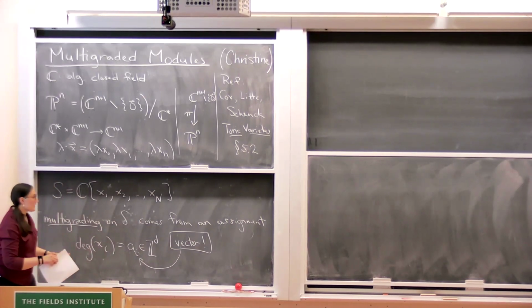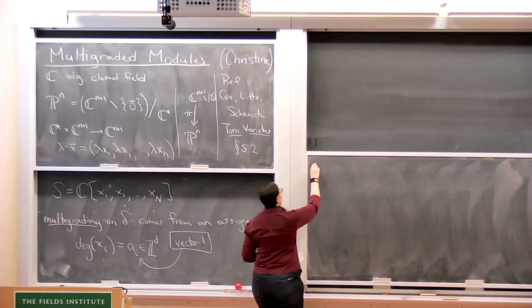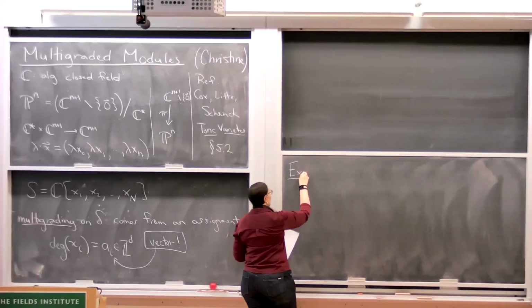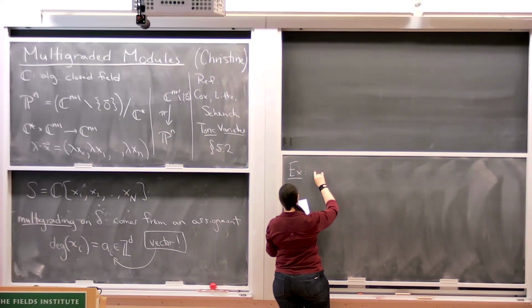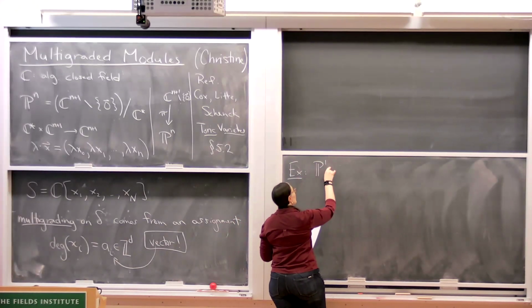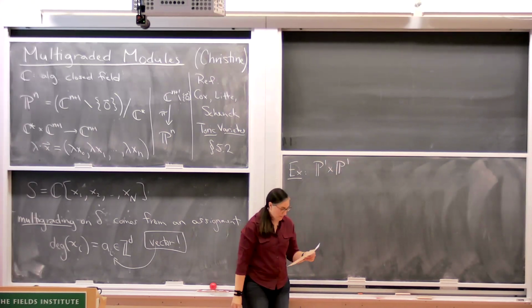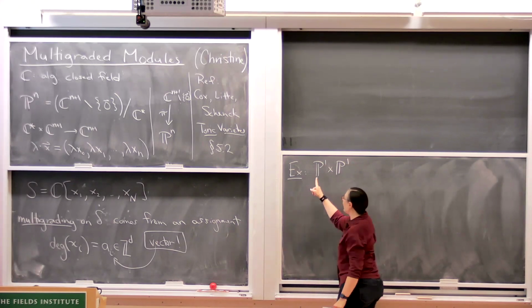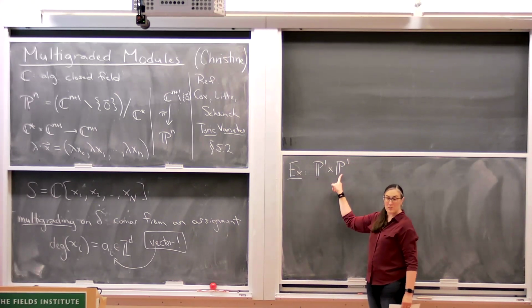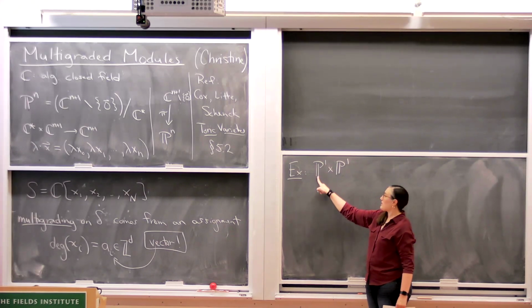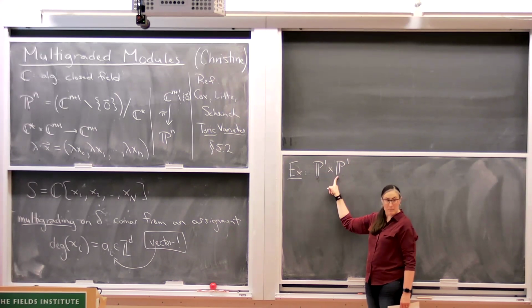Our first example is for P1 cross P1. If I wanted to work with P1 cross P1, what am I doing? I'm now going to take a C^2 and a C^2. I'm going to remove the origin in each place and project down. That means I should be keeping track of degree here for homogeneity and keeping track of degree here for homogeneity, and doing that separately.